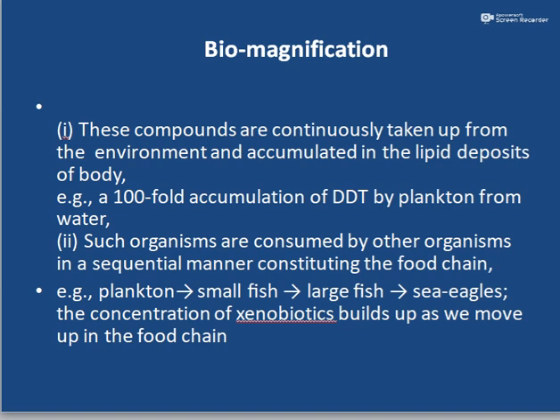Now, the DDT in the water is being taken by the plankton, and this plankton will be further eaten up by small fishes, and then again it will be eaten by large fish, then it will be eaten by sea eagles, and as the food chain goes, the amount of DDT is being found to be increasing.